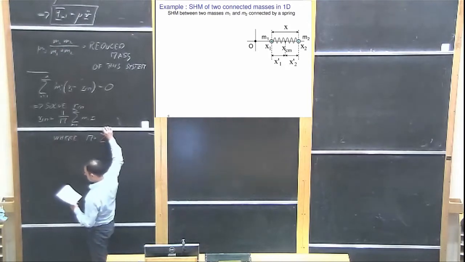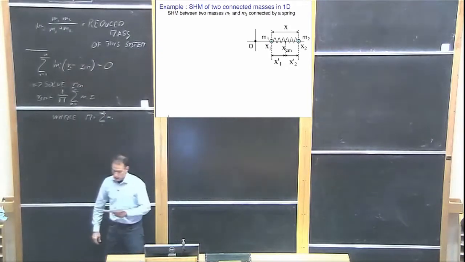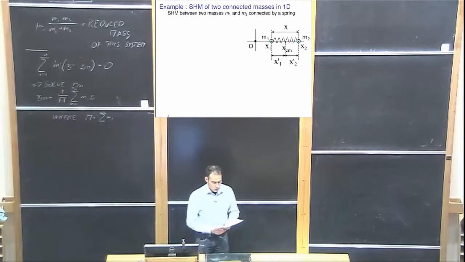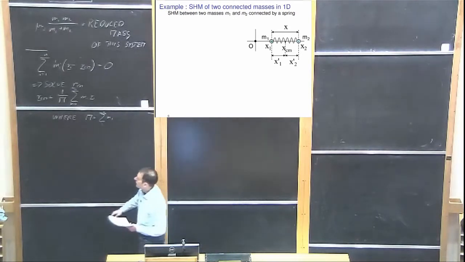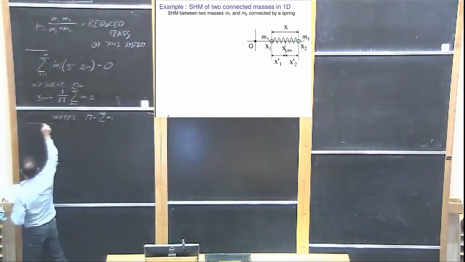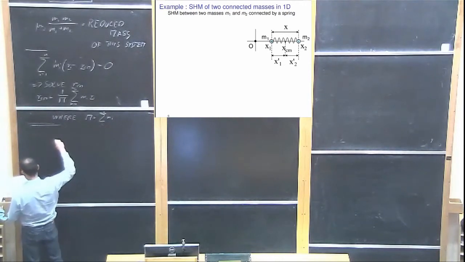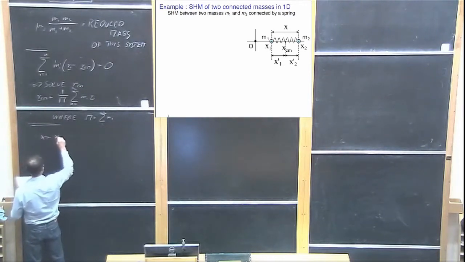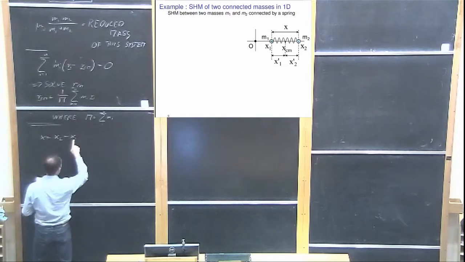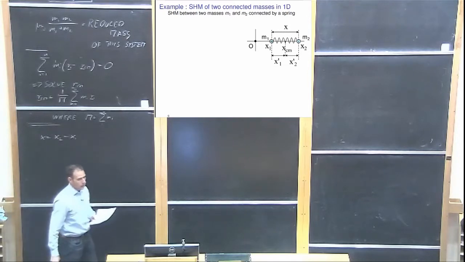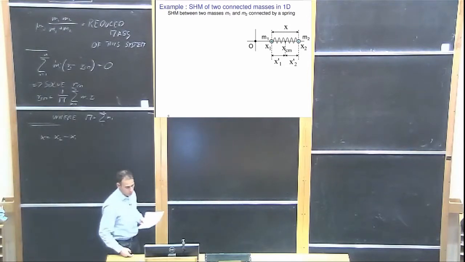Now, let's have a look at what we have in this problem. As the graph shows, we have x as x2 minus x1. At x1 we've got the mass 1, and at x2 we've got the mass 2.